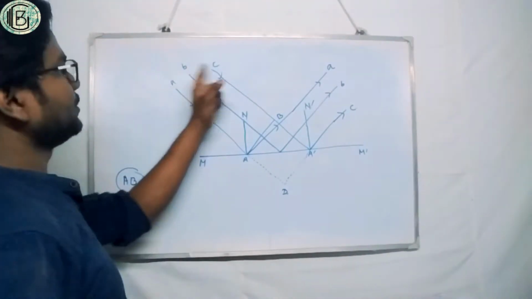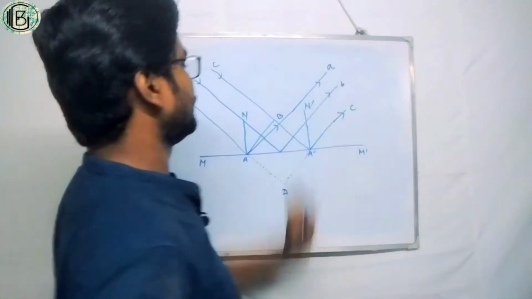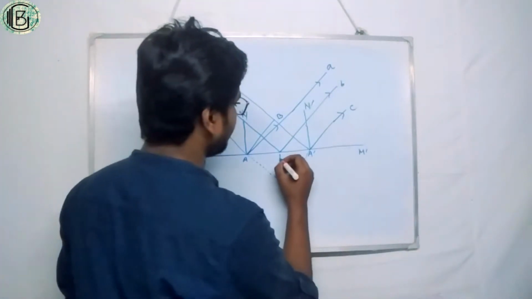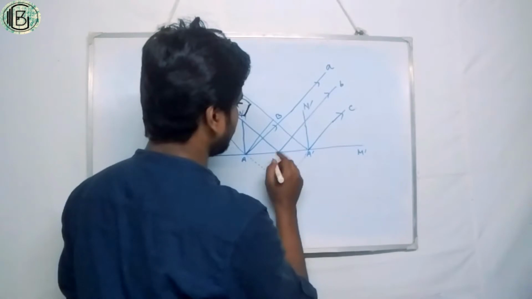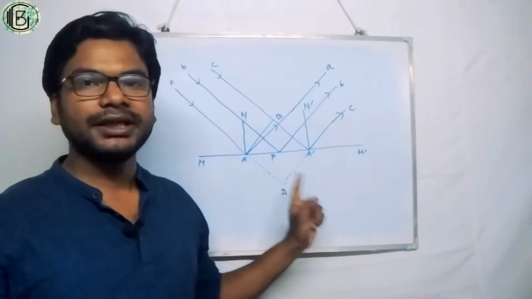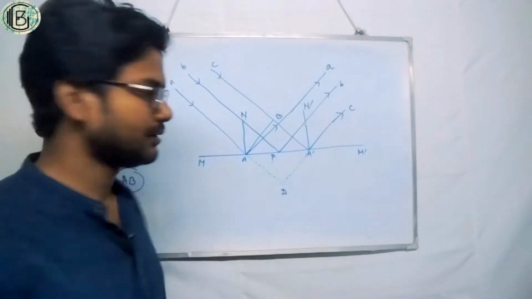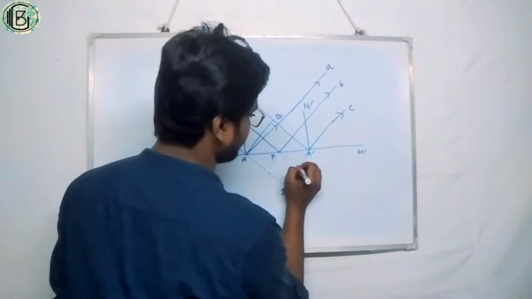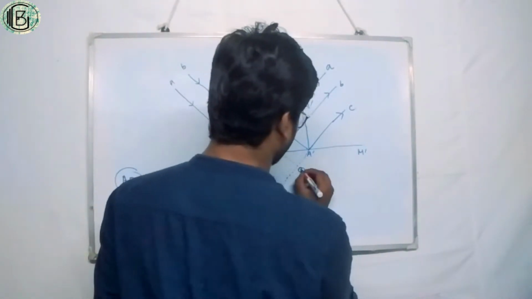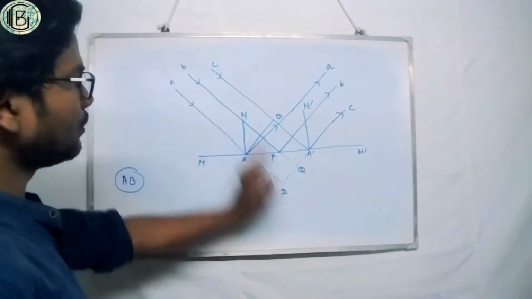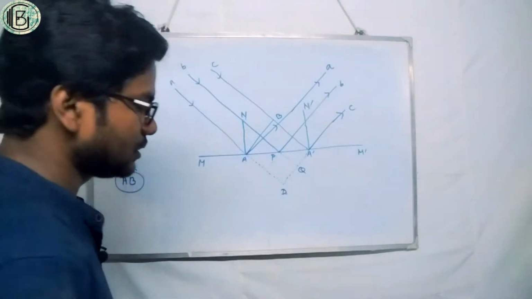This is A, this is B, this is C, this is A, this is B, this is C. Now we are naming this point to be P. Now this P could be any arbitrary point. So here also we are extrapolating that portion, we are naming it Q. So this is how we can actually draw the diagram.